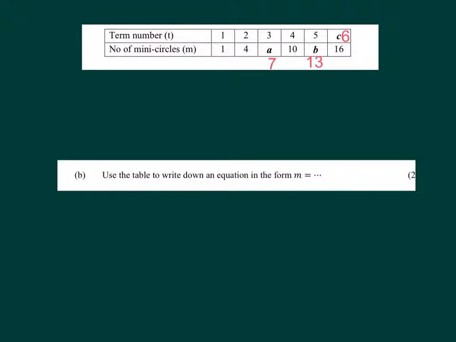Question B asks us to use our table to write down an equation in the form M is equal to... We have already determined that the output values go up by a constant amount of 3 from one input to the next. So there is a constant increase of 3.